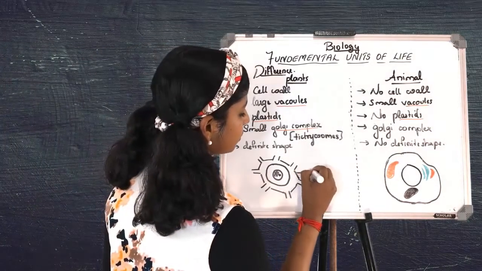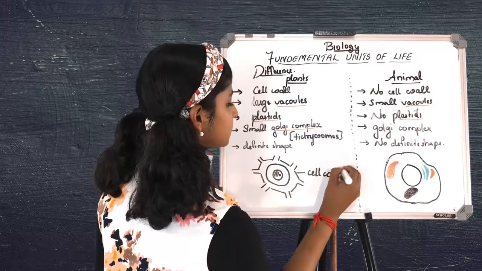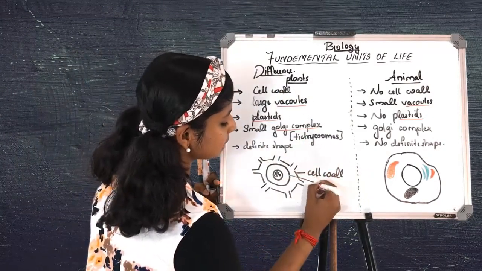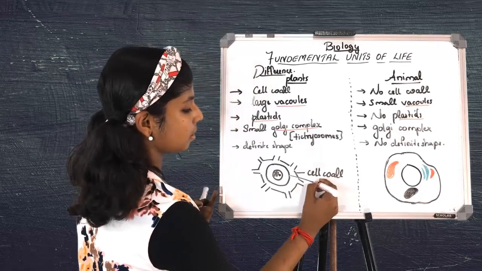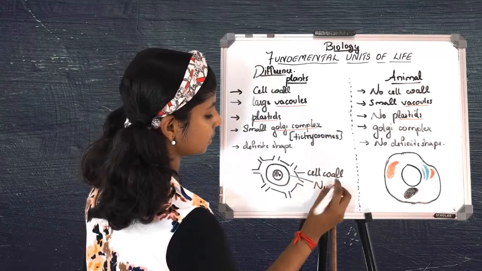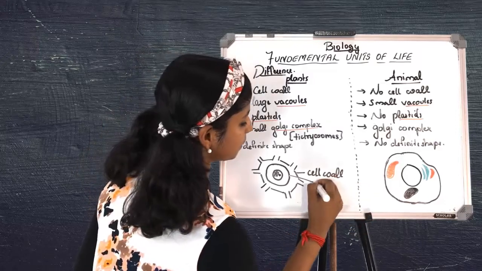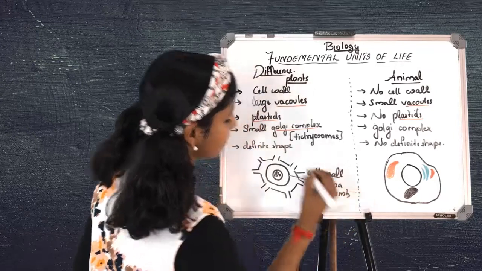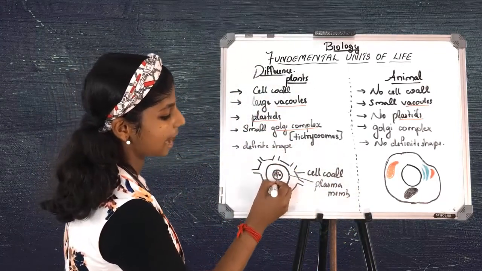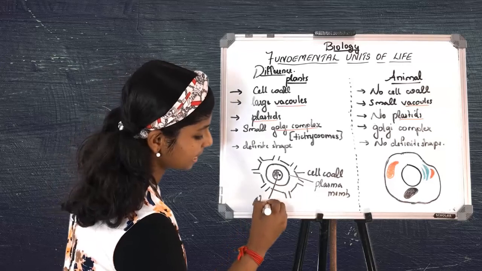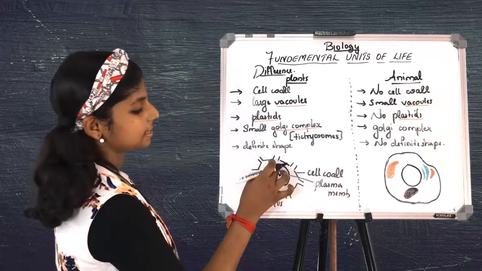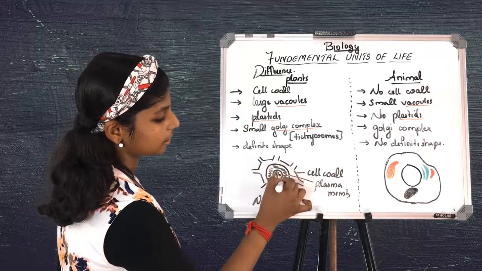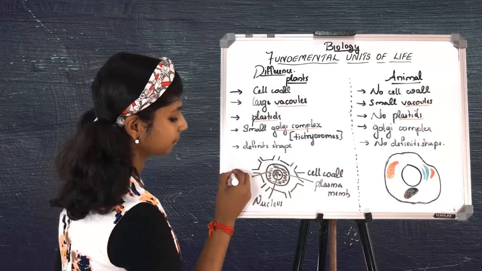Here we have the cell wall. This is the cell wall in plants, and this is the plasma membrane, the nuclear membrane. Inside we have the nucleus, and these are the cytoplasm.